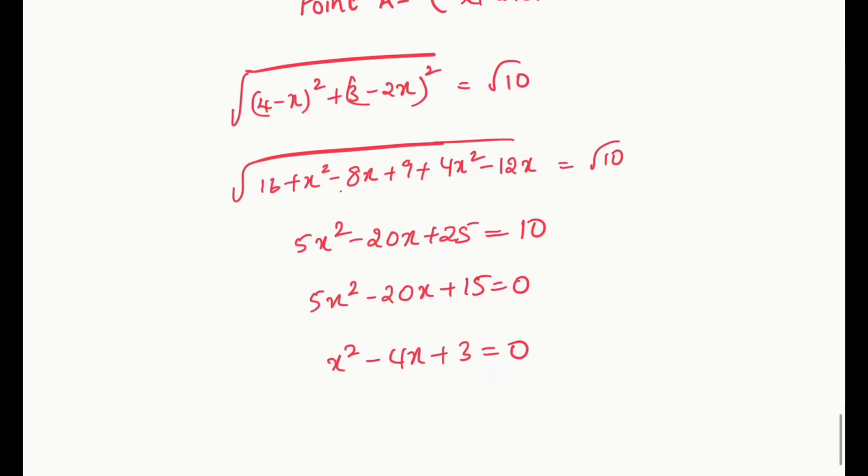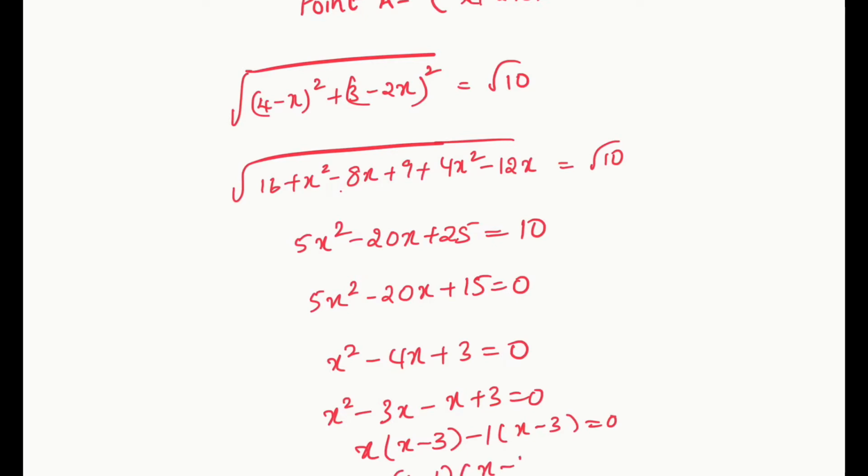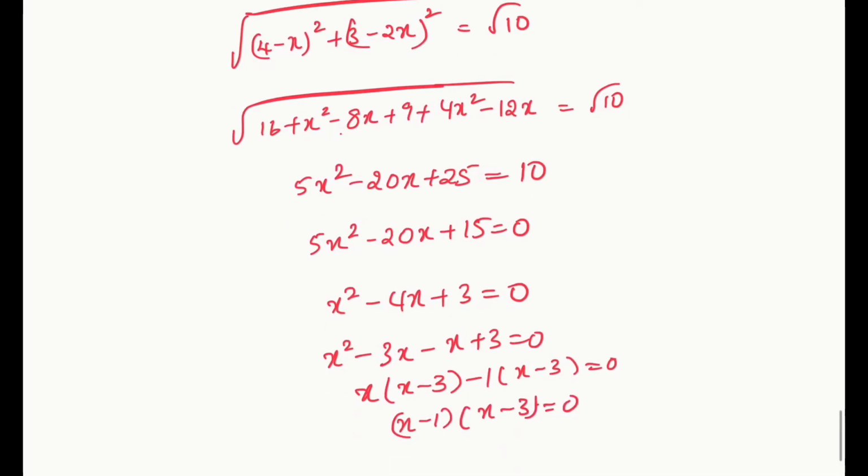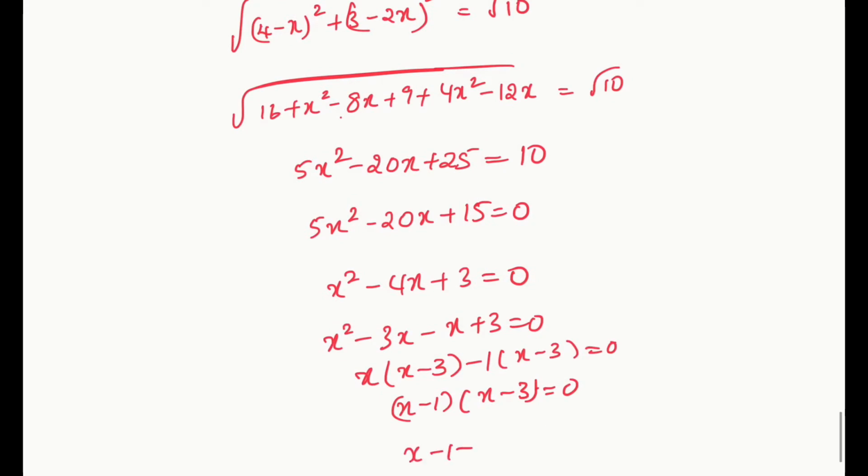So product should be 3 and sum should be minus 4, that is x square minus 3x minus x plus 3 equal to 0. X is common: x into (x minus 3) minus 1 into (x minus 3) equal to 0. So you get (x minus 1)(x minus 3) equal to 0. X minus 1 equal to 0 gives x equal to 1.